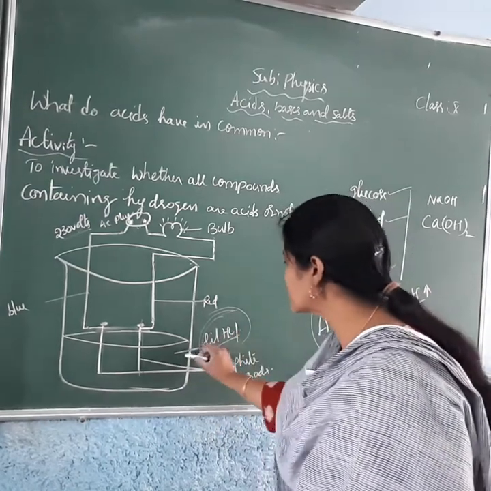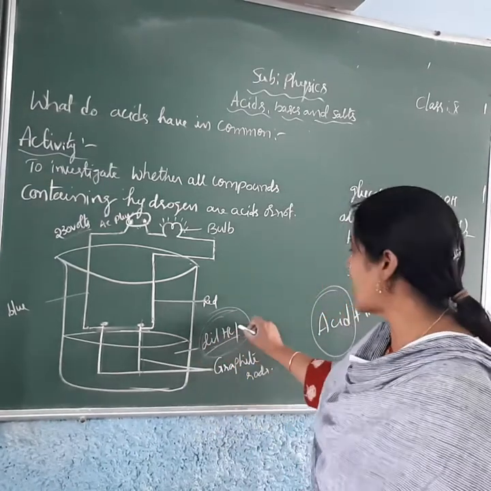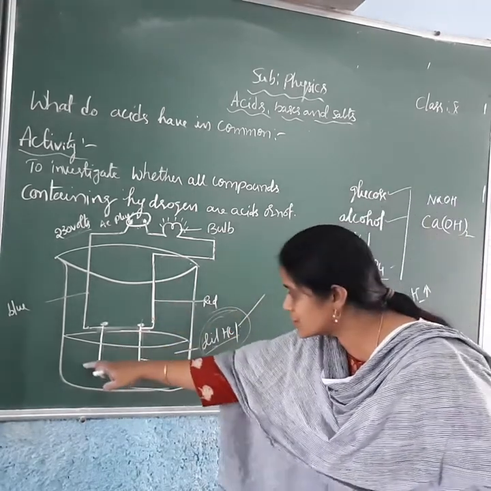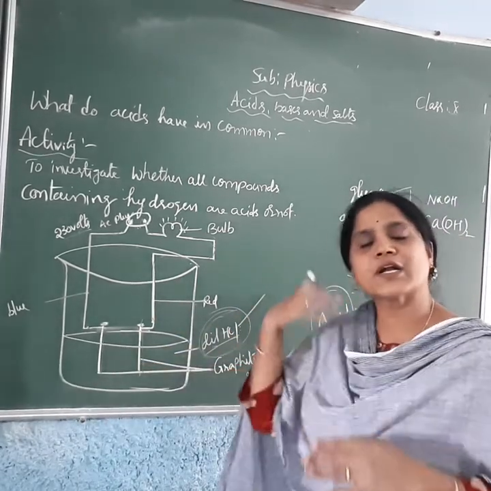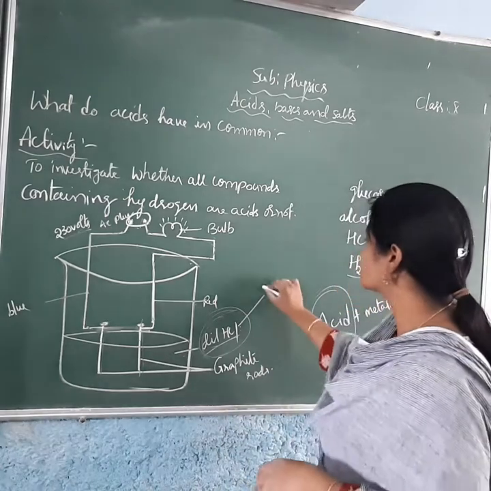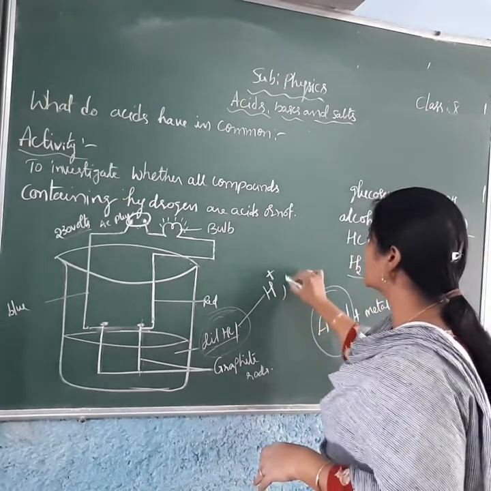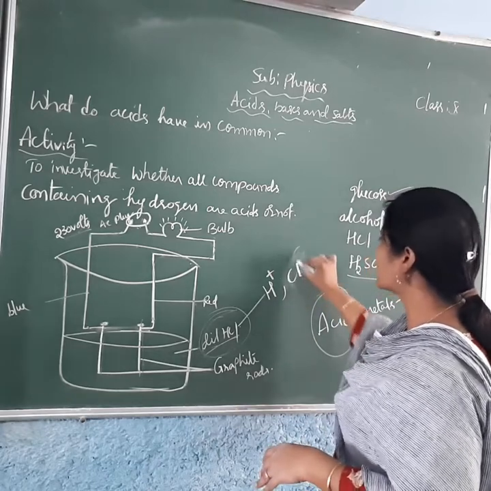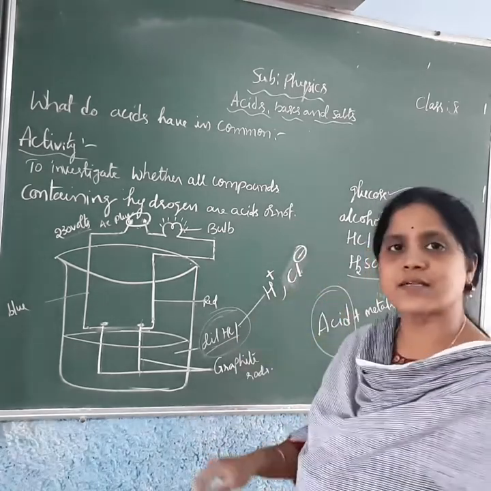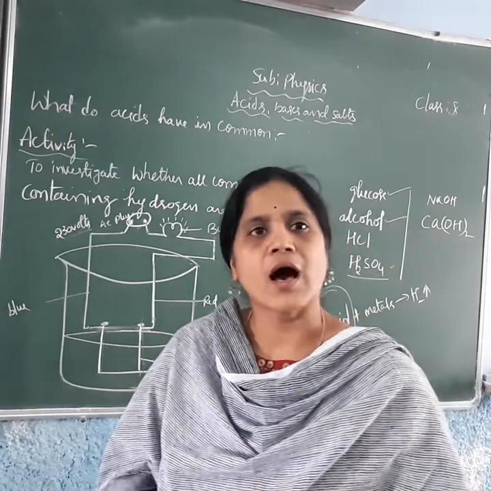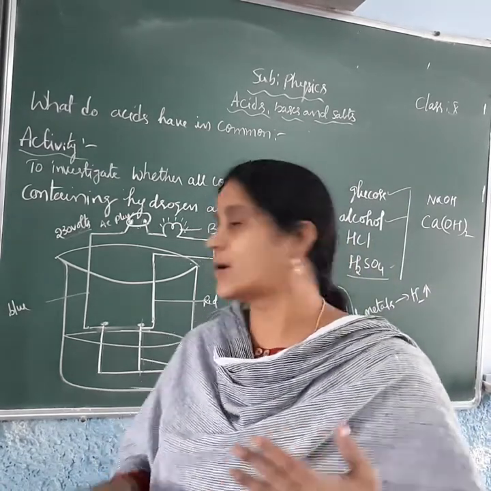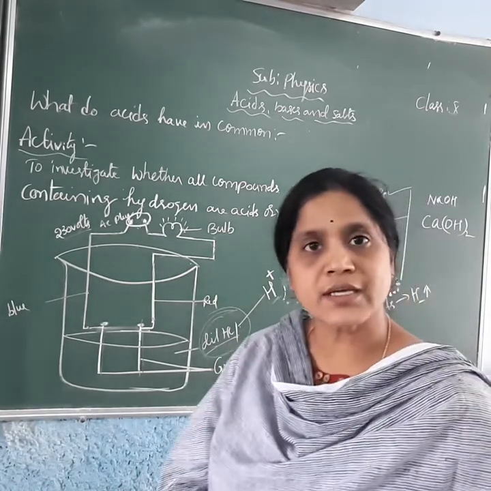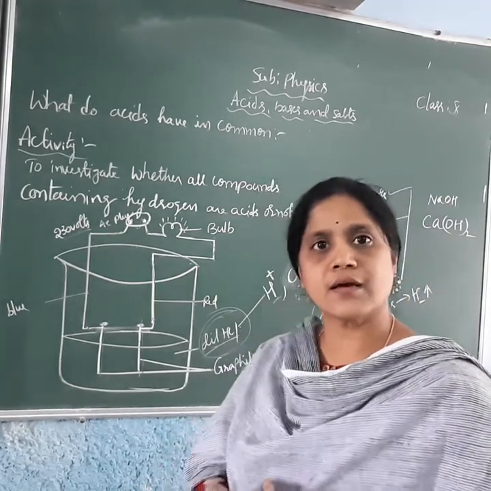Whatever the solution we took, hydrochloric acid, when the current is passing through this solution, it is splitting into ions, H plus and Cl minus ions. What is an ion? An ion is an atom, an element, that is either losing or gaining electrons.